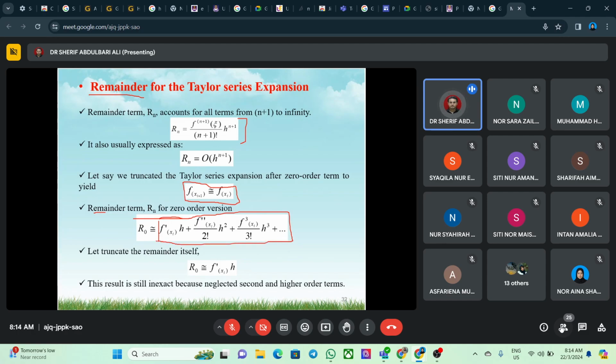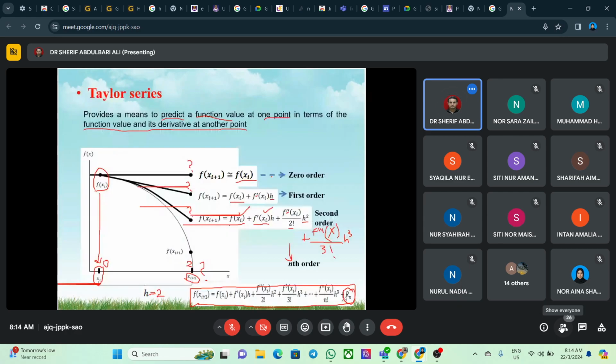Of course, you may not understand what I'm saying in here, but let me explain it in detail. This statement is saying, let's say we are going to truncate the Taylor series after the 0 order. If we go back to this figure here, we are saying that the 0 order of the Taylor series is the function itself. This is the one. And this is the whole set of terms of the Taylor series.